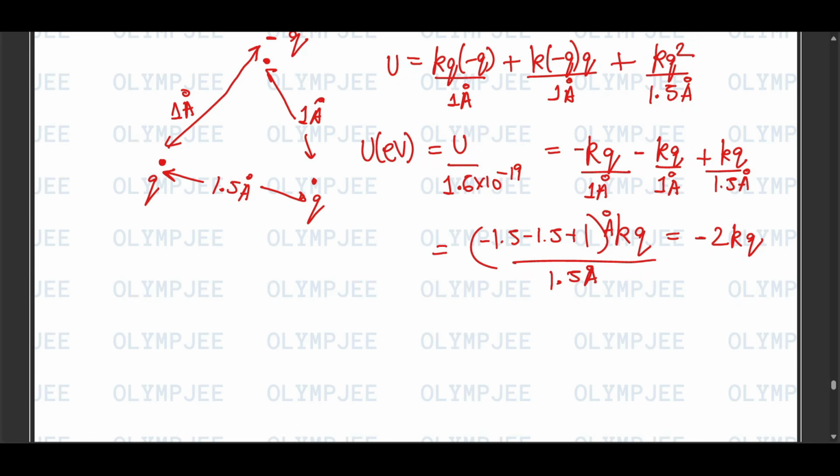Sorry, not minus 2. This will be equal to minus 2 by 1.5 kq. So this is equal to minus 4 by 3 multiplied by 9 multiplied by 10 raised to power 9 multiplied by 1.6 raised to power minus 19.